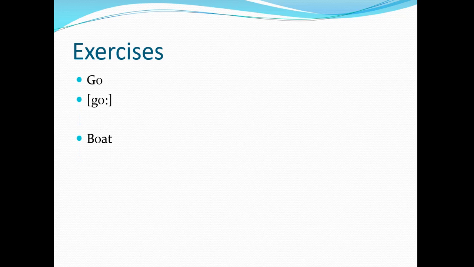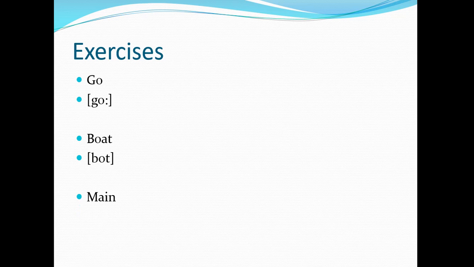Okay. What about this one? Do we need to apply the rule in this word? No, we don't have to apply the rule here because the requirements are not accomplished, okay?